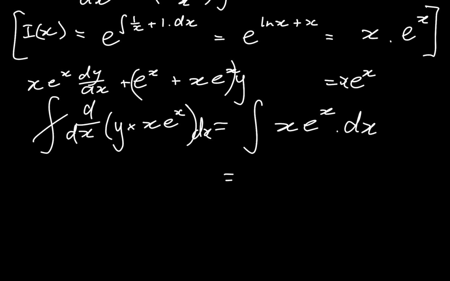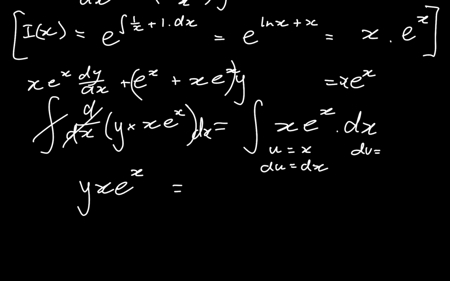So they both fall away, and we're left with y x e to the power of x. Now this here, we use integration by parts, and we say we let u equal to x, so du is equal to dx, and we let dv equal to e to the power of x dx, so therefore v must equal to e to the power of x.